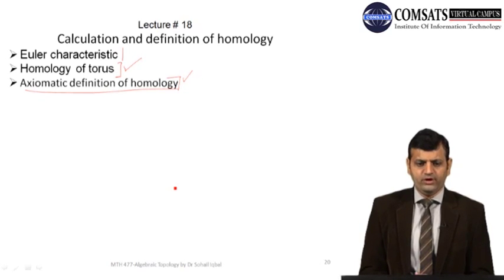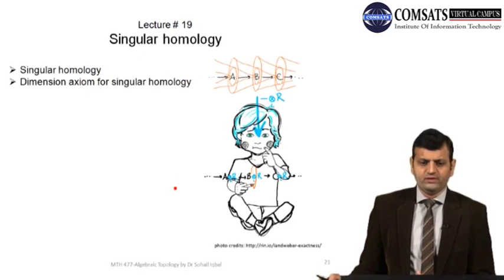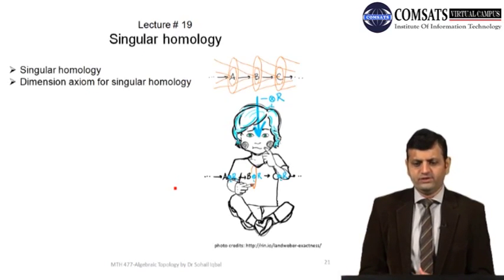So the point is, if you can grasp the idea of singular and cellular homology, then they give efficient results compared to simplicial homology. But once again, the advantage of simplicial homology is that it's very algorithmic and we can use a computer to calculate it.